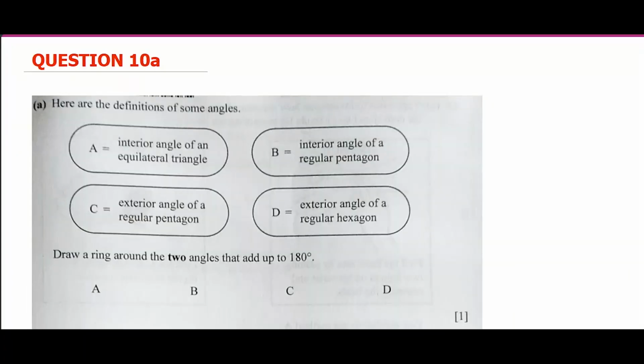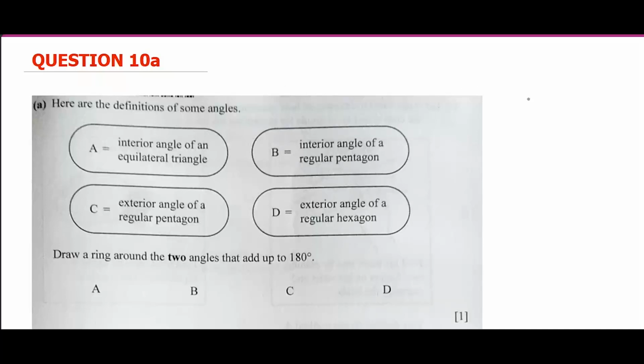A. Interior angle of an equilateral triangle. B. Interior angle of a regular pentagon. C. Exterior angle of a regular pentagon. D. Exterior angle of a regular hexagon. So draw a ring around the two angles that add up to 180 degrees.